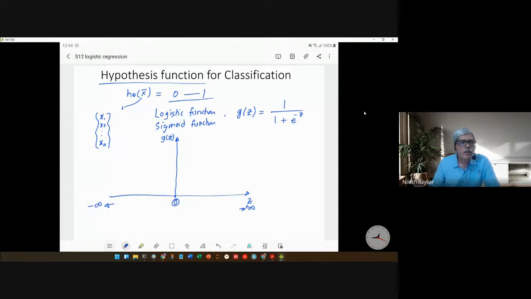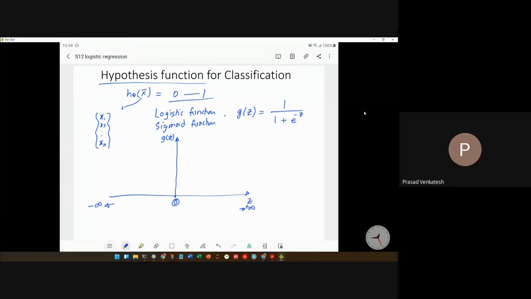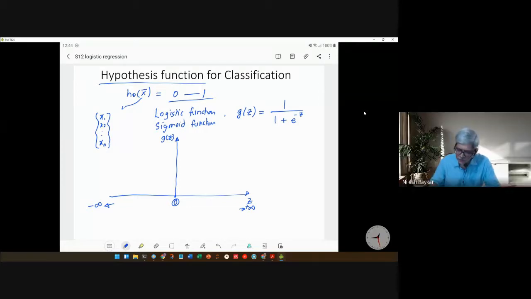It's not that difficult. I asked what is the value of this function at z equal to 0? Half, 1 by 2. So it is equal to 0.5 at z equal to 0. And what happens if z is positive infinity?